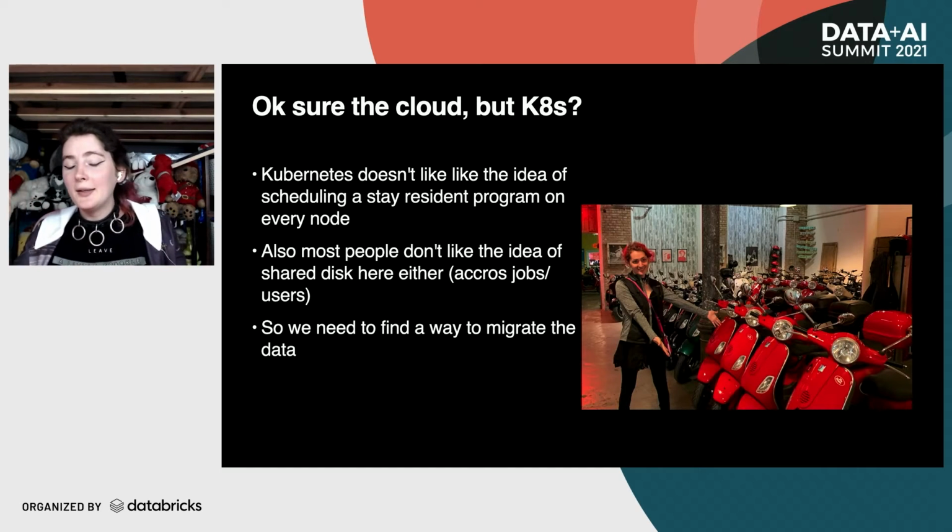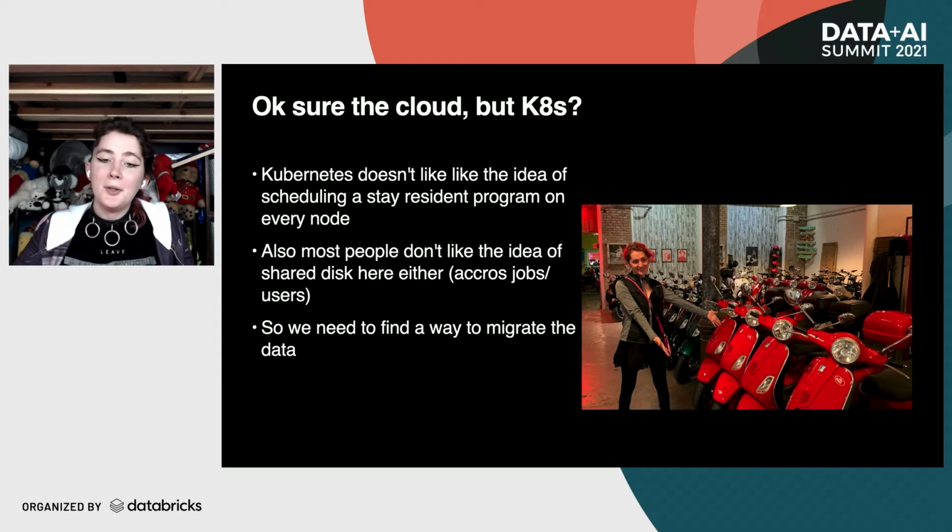And in the interim, for a combination of reasons, including general security concerns and quota management, people were much less excited about the idea of setting up shared disks that span between jobs and users. And so that also limited the ability to essentially repurpose the Yarn solution for Kubernetes.